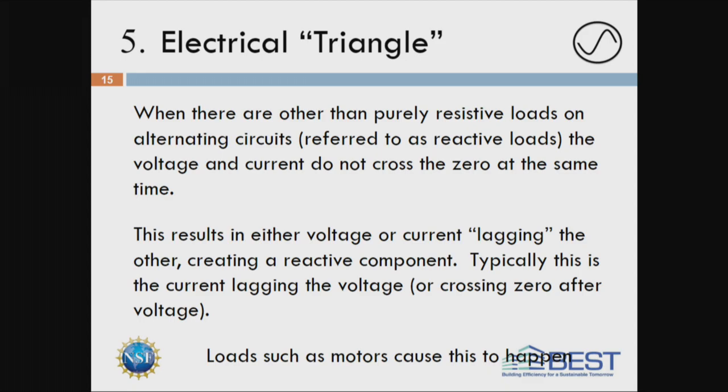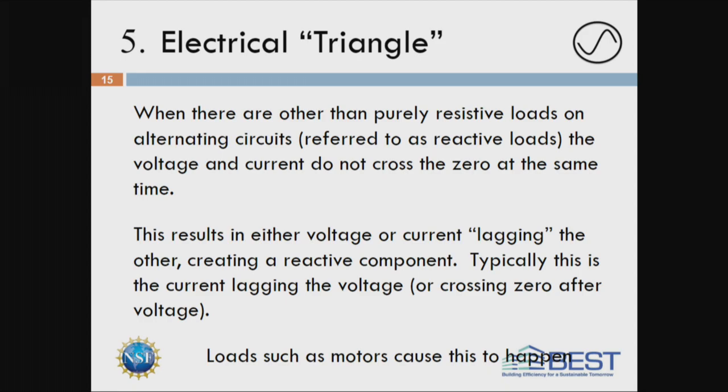So now it gets us into the electrical triangle. As I mentioned before, when there's other than a purely resistive circuit, we have reactive power. And that gets us into the triangle. Things like capacitors and motors tend to force the current to either lead or lag the voltage and cross at a zero point.